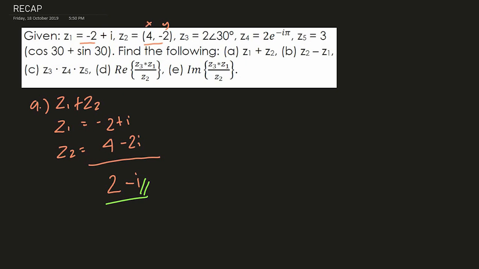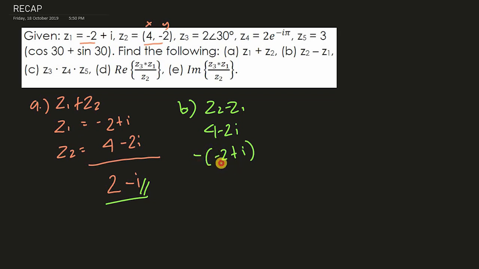So, next problem, letter B, Z2 minus Z1. So, baliktarin lang natin to. 4 minus 2i minus negative 2 plus i. So, solving for this, distribute muna natin yung negative sign.